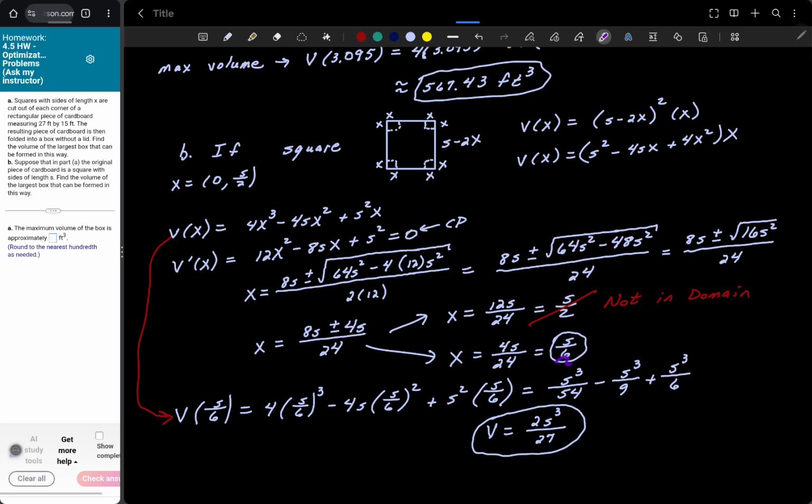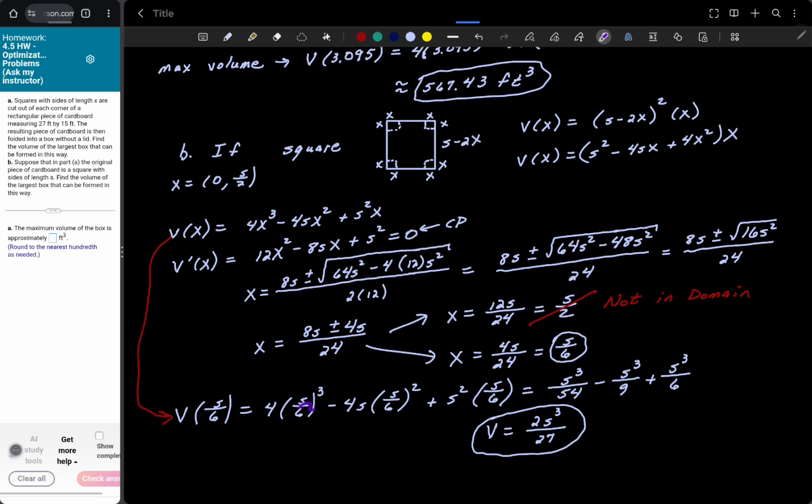I plugged that into my original volume equation, so let's evaluate that volume at s over 6. That gave me 4 times (s over 6) cubed minus 4s times (s over 6) squared plus s squared times s over 6.